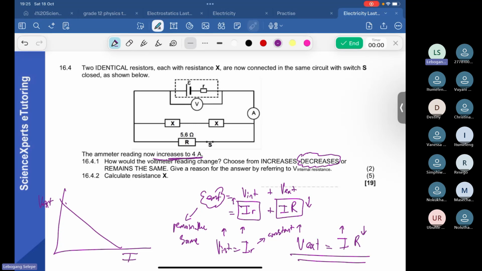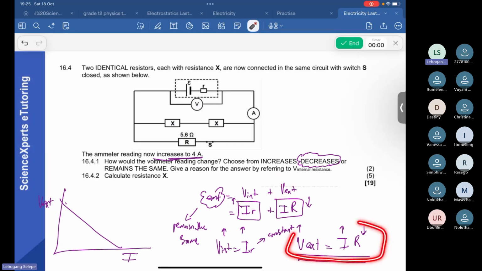Look, there's a formula that says V external is equal to IR. From this formula, you would expect that when I increase I, V external would also increase, right? But why can't I conclude just from this that as I increase the current, V external would also increase? I can't, because there's no direct relationship that I can deduce from this formula. Why is that the case?